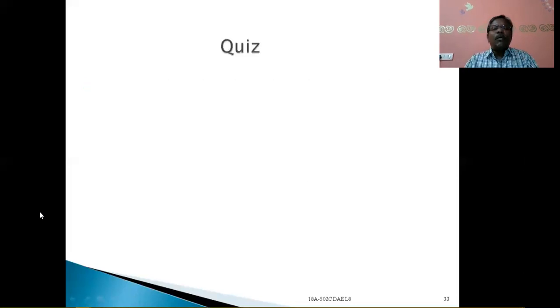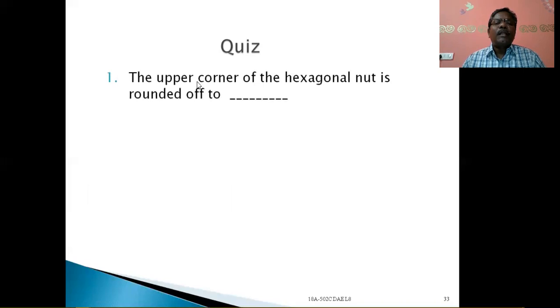Now, let us have a small quiz. Whatever so far we have discussed, types of bolts and hexagon-headed bolt proportions and calculations, and also square-headed bolt proportions and calculations. On this, let me have a small quiz. The upper corner of the hexagonal nut is rounded off to which angle?